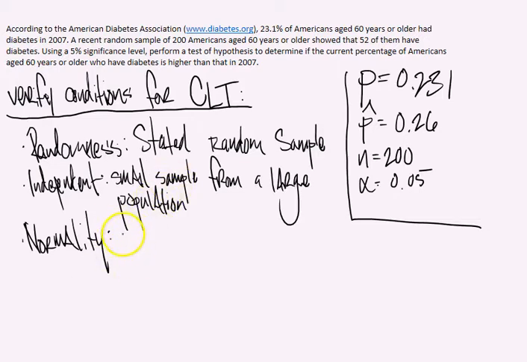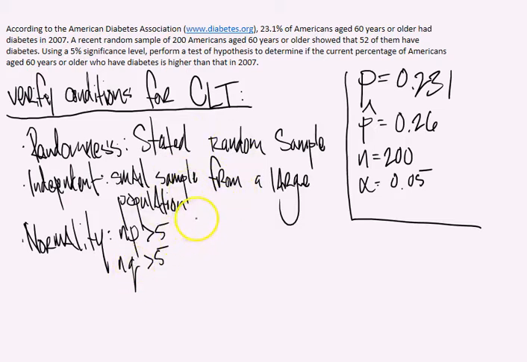So the way we do this is we look at the expected value. np larger than 5, nq larger than 5. Here p is 0.231, right? Because I know, or I'm assuming I know, what my population proportion actually is. I'm not using my p hat because I'm using this proportion for my sample that I gathered.